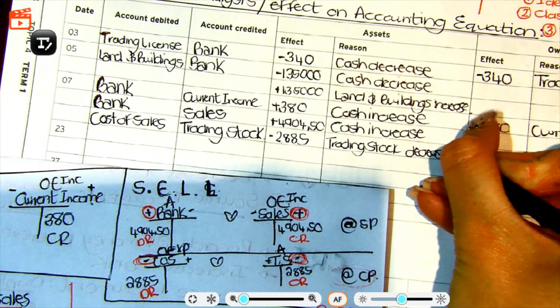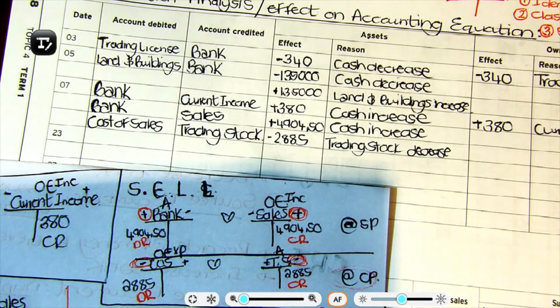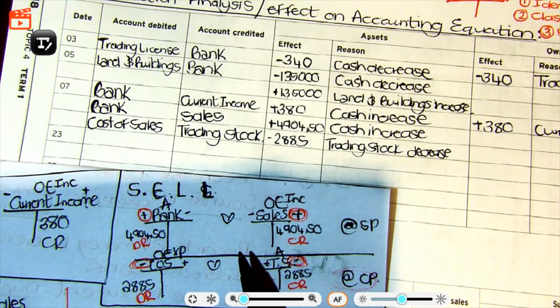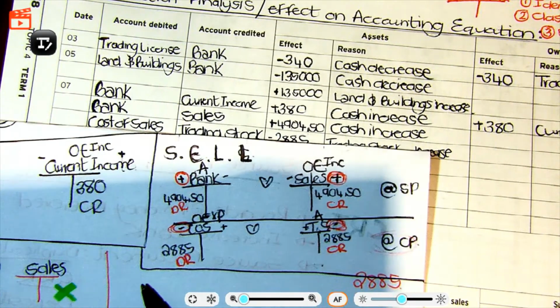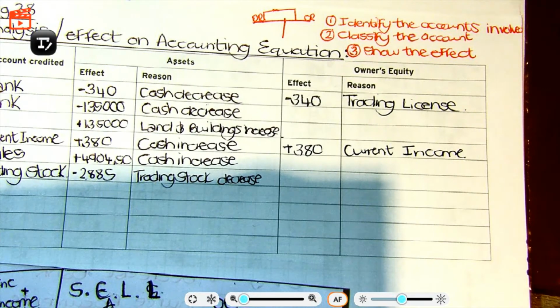Then what happened to my owner's equity, grade 9s? If we look here, we'll see that my owner's equity is sales and cost of sales. So now I have to show my profit earned in the owner's equity account column.